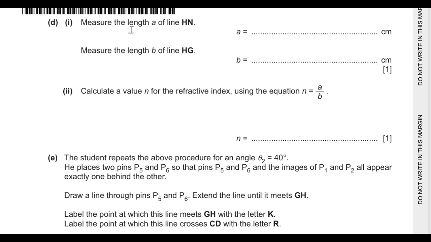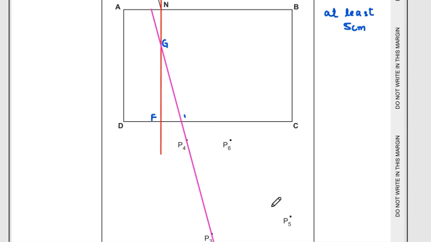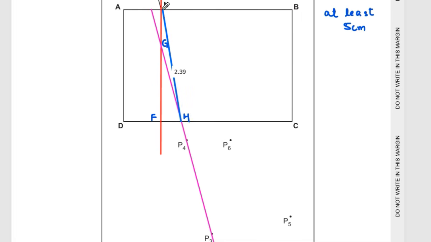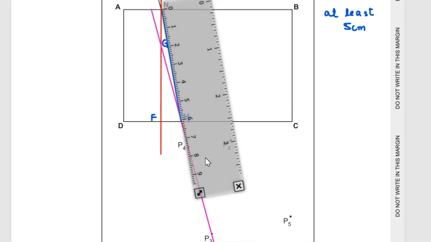The question is saying measure the length A of the line HN and measure the length B of the line HG. So I will make a line joining P3 and P4 until it cuts the line NF. The point where it cuts the line NF is G, and the point where it is cutting DC is H. Now I will join H and N, and I will measure the length between N and H first, which is length A given by the question, and this length is 6.1.